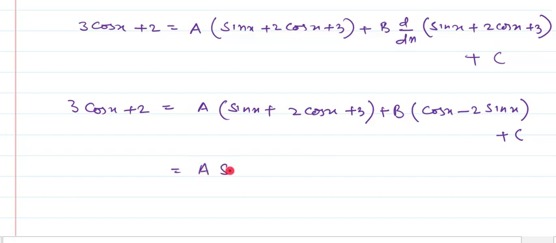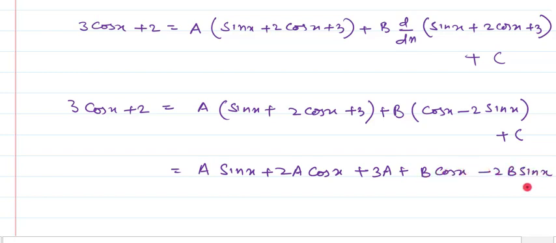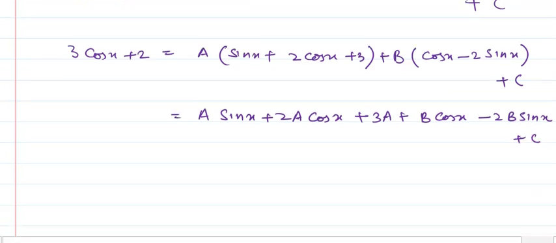So a sin x plus 2a cos x plus 3a plus b cos x minus 2b sin x plus c. Now equating the coefficients, we find that there is no sine term on the left hand side.